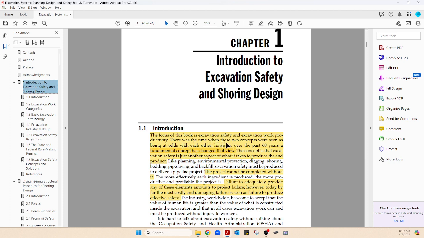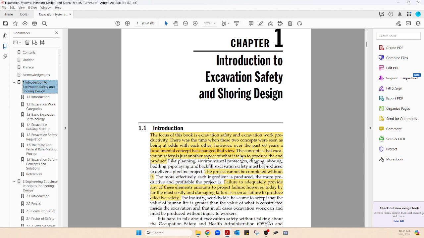There was a time when these two concepts were seen as being at odds with each other. However, over the past 60 years, and maybe longer now, a fundamental concept has changed that view. The concept is that excavation safety is just another aspect of what it takes to produce the end product.